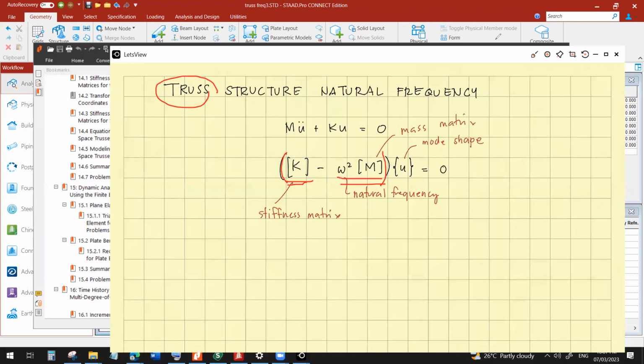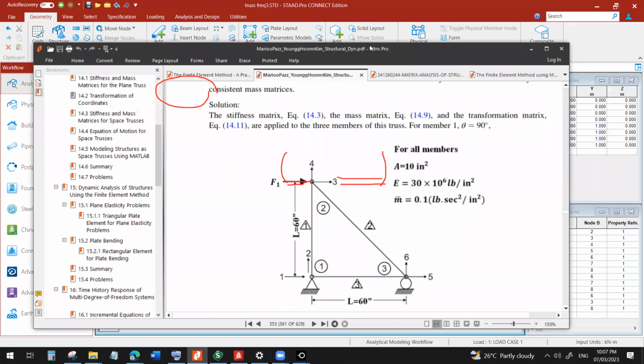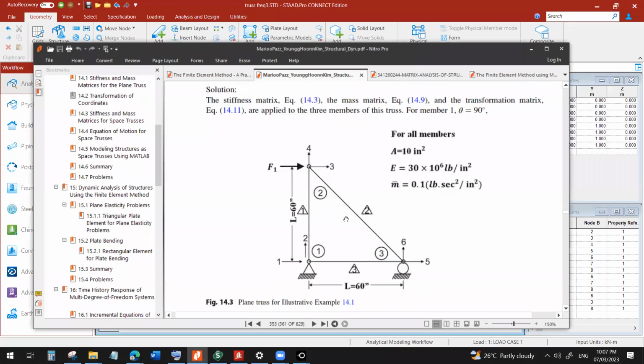So I have here a sample problem from Mario Paz. And so this is just a three-member truss structure.